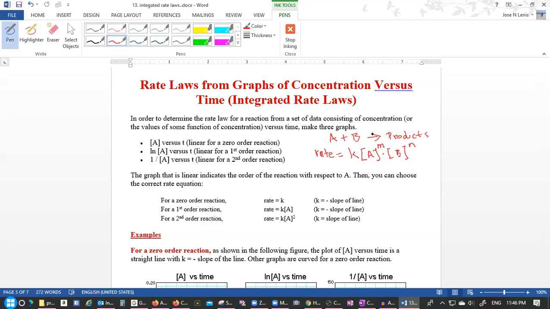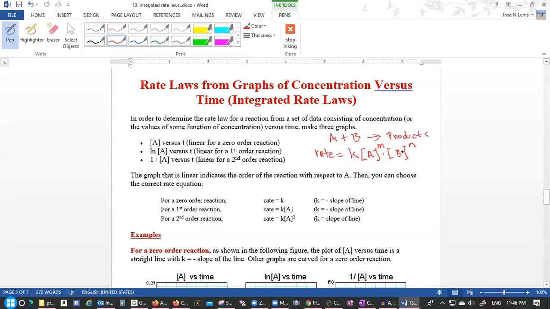Those are actually the ones that will help us solve some types of problems. We're going to describe the new integrated rate laws in terms of concentration of A or in terms of concentration of B. It doesn't matter, because we are going to focus on only one of these reactants.